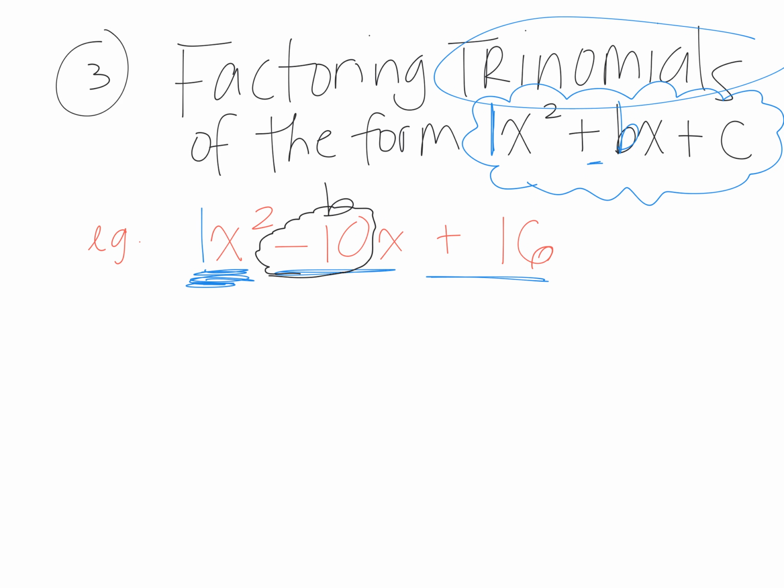And then we have plus c. C represents a number, so it could be plus or minus. What is my c value in this example? 16. Now it's really important that you label b and c, because you need to know the difference when we're factoring this. When we factor, we're trying to express it as a product.